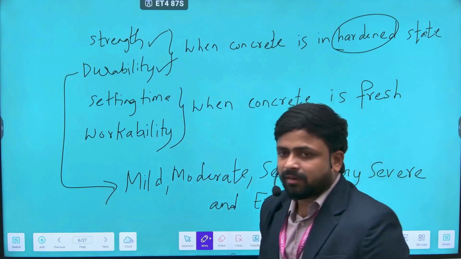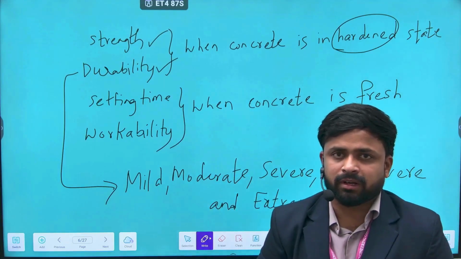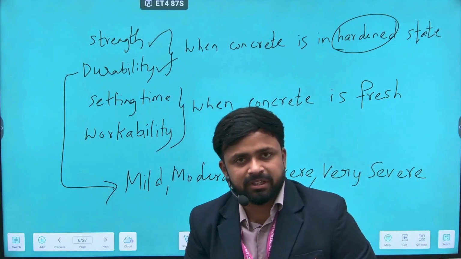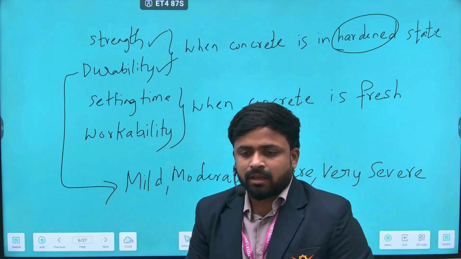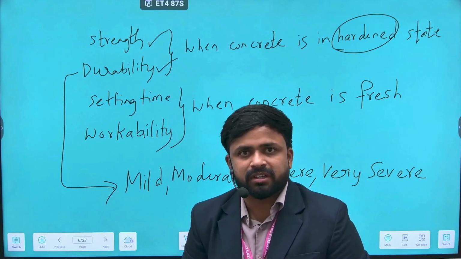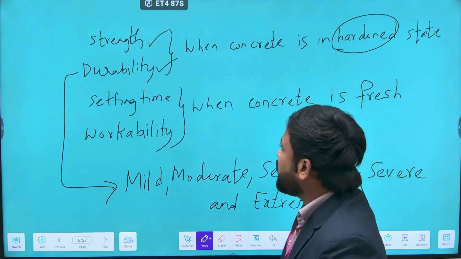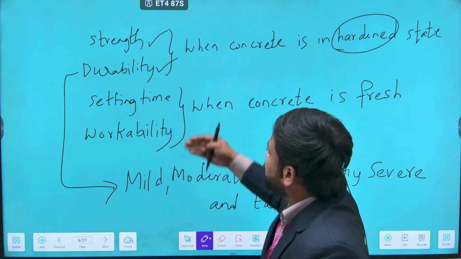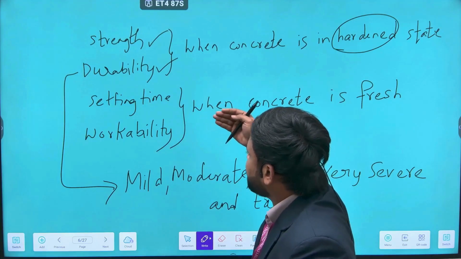Okay, we have learnt about different properties of concrete. We know the concrete mixture, the ingredients that form concrete: fine aggregate, coarse aggregate, water and cement. And the different properties of concrete are strength, durability, setting time and workability.